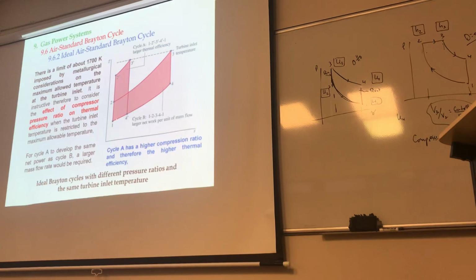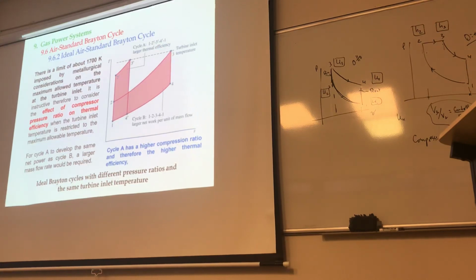So if you want to increase the temperature of heat addition, maybe if this is the maximum temperature, my average here between 2 and 3, the temperature of heat addition is probably going to be somewhere here on average, right? But if I compress my air a bit more before adding the heat, then my temperature of heat addition now is somewhere there, which is better than somewhere here. So technically, you have a larger thermal efficiency, okay?